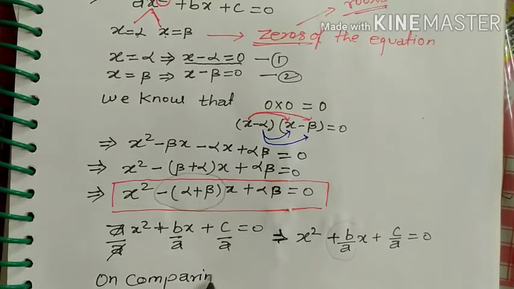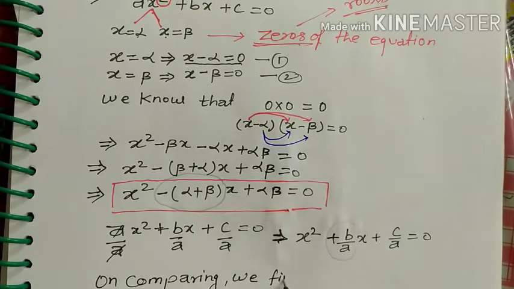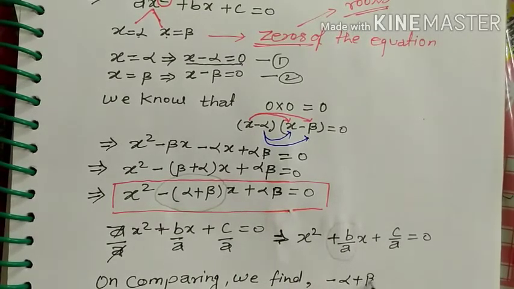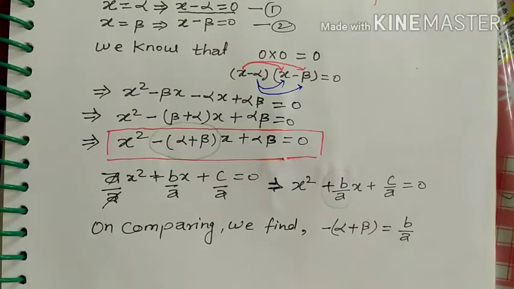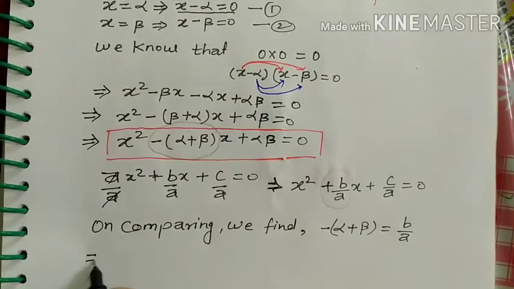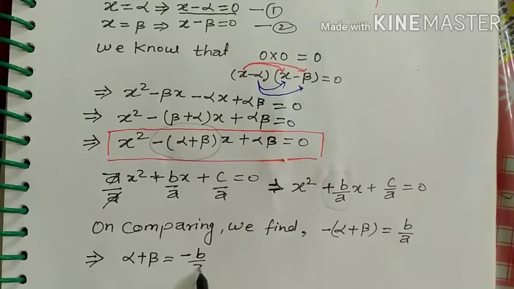On comparing, we find minus (alpha plus beta) equals b by a, that means alpha plus beta equals minus b by a.